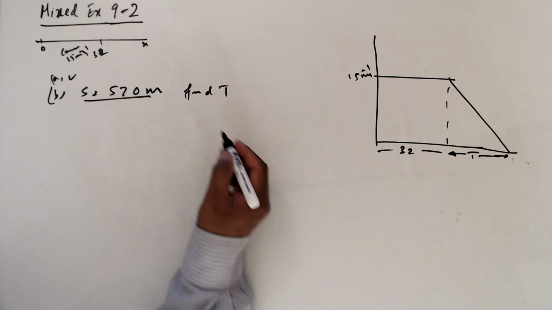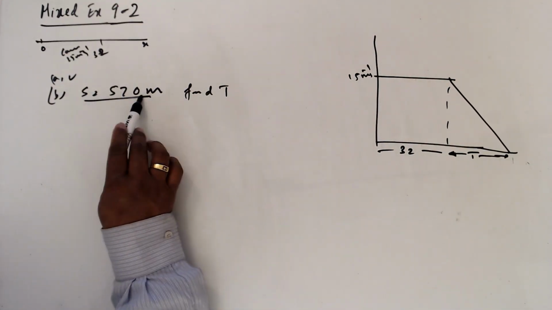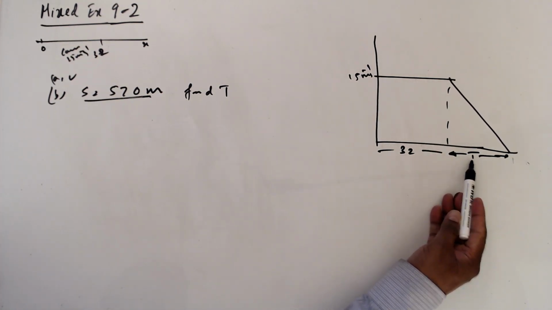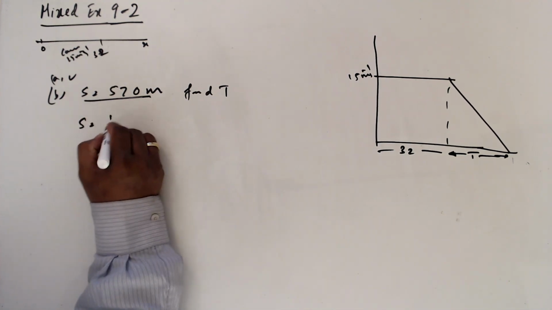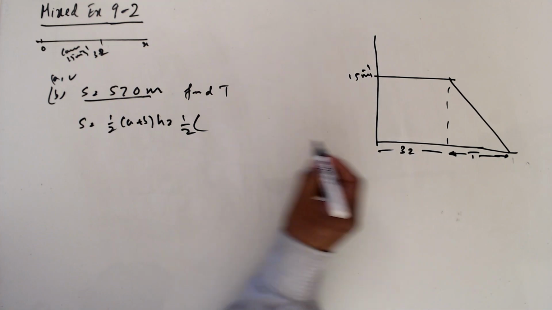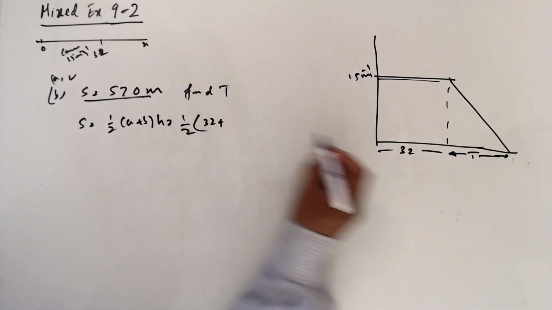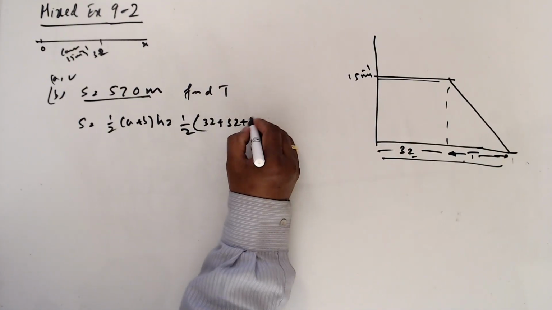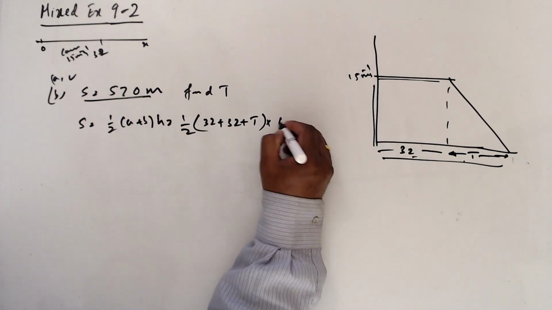This is given, so we can write the distance as an area, and there is only one unknown, that is T. So S equals half (a plus b) times h. Half, this distance is 32 and this distance is 32 plus T, times the perpendicular height 15.